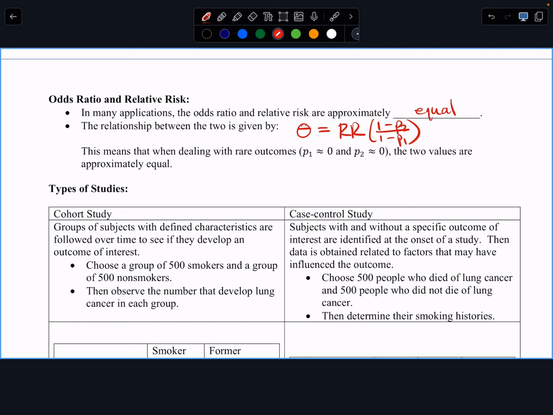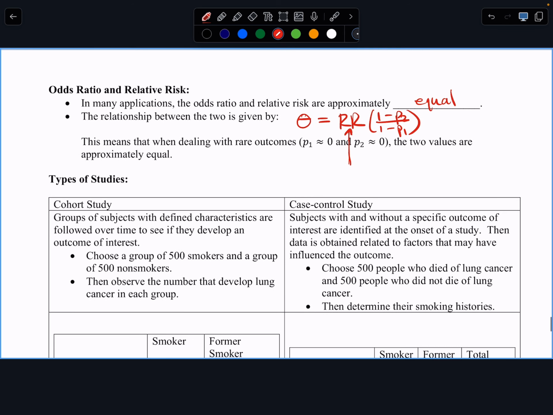All right, but I don't like to use the risk ratio because I'm not always going to be able to calculate it. And so I'm going to go over two study designs that are used in medicine a lot. And we'll see that sometimes if we try to apply the methods that we've used to calculate P1 and P2, or P1 hat and P2 hat, sometimes I shouldn't apply that method.